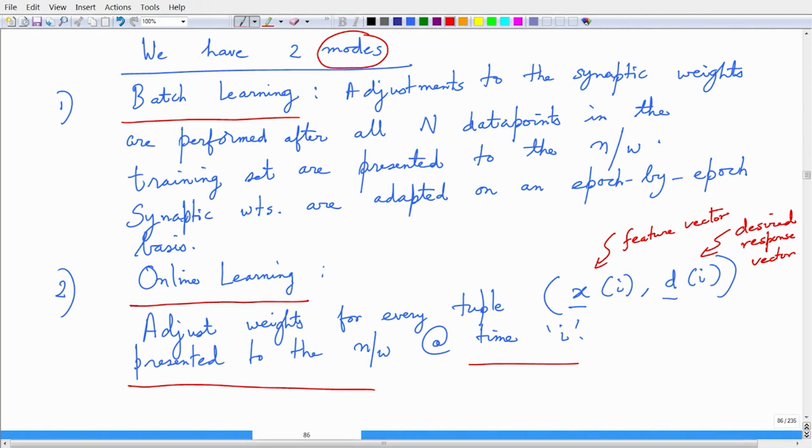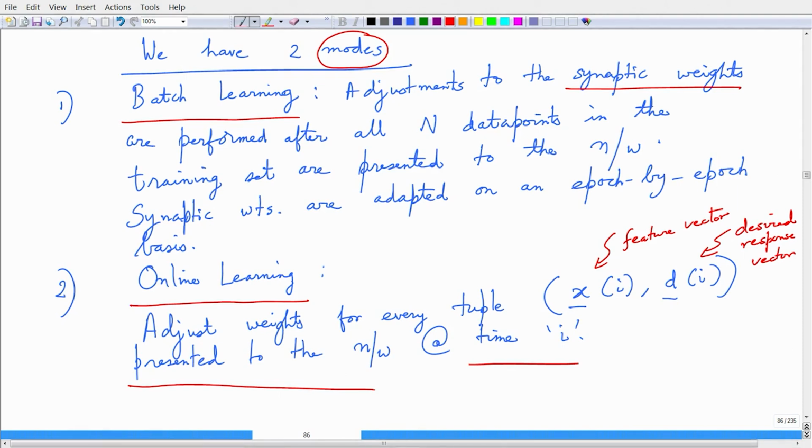We have the other mode of learning, which is the batch learning. In this case, the adjustments to the synaptic weights are performed after all the N, capital N, data points in the training set are presented to the network.